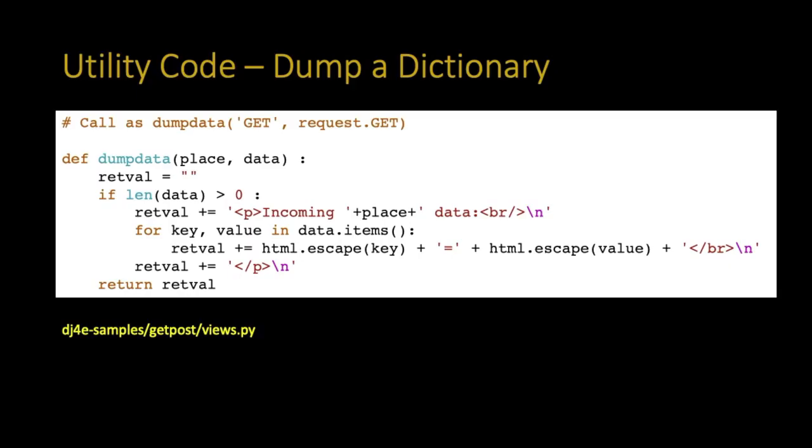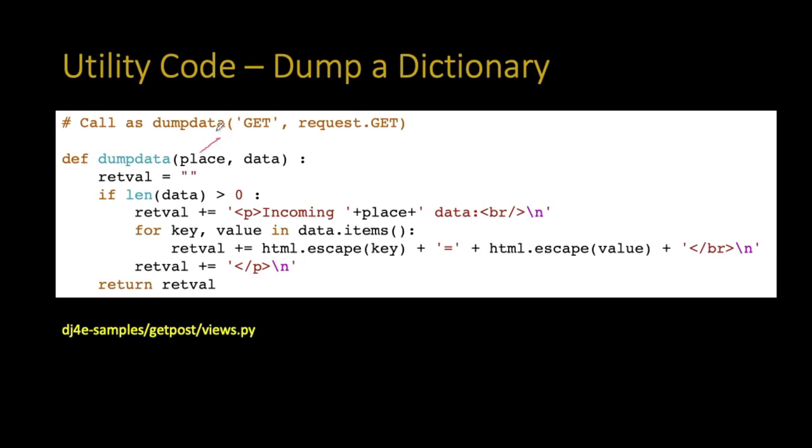And so let's take a look at some code here. This is a little bit of utility code that I'm going to use over and over again, because the get data and the post data and even the cookie data come in as dictionaries. They look like dictionaries, key value pairs. And so I just wanted a way to dump the data.